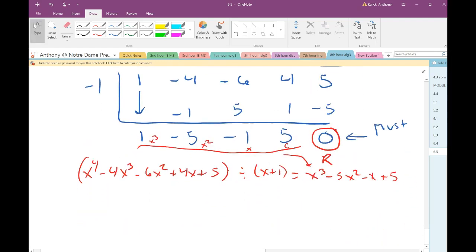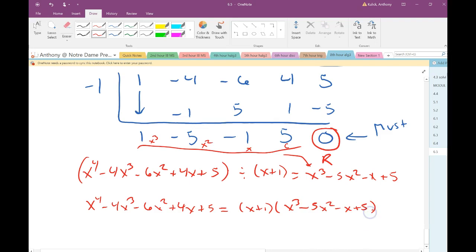And if I rearrange this now, I know that my original problem is equal to my factor times the quotient. And now I'm in a factored form.